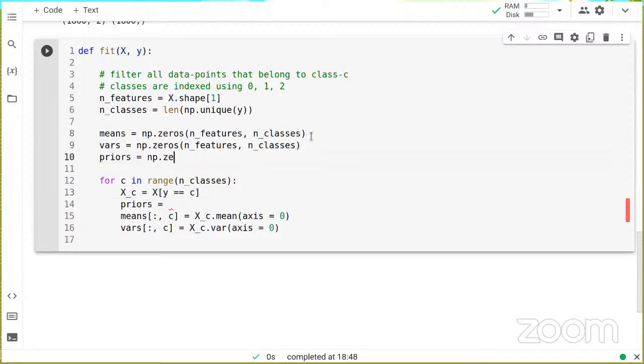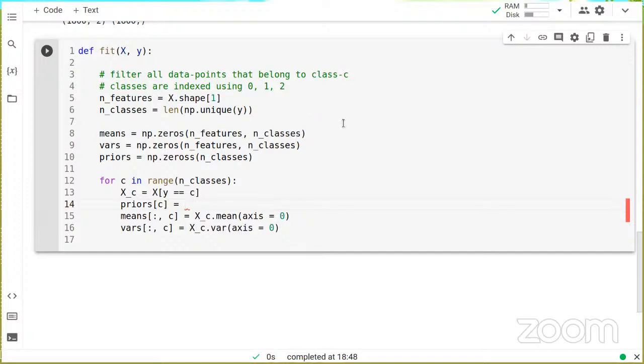What shape will the priors have? One dimension only. It's only for one y, right? Priors of y. Correct. So it should be zeros of n classes, and priors of C is nothing but what?